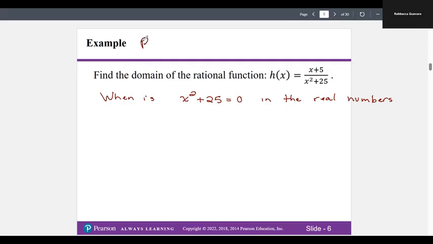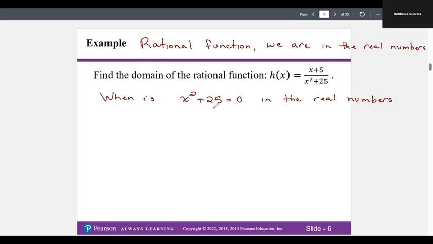When we deal with rational functions, we are just in the real numbers. You can look in the complex numbers, but we're not going to focus on that part. We're only concerned about the domain of real numbers.